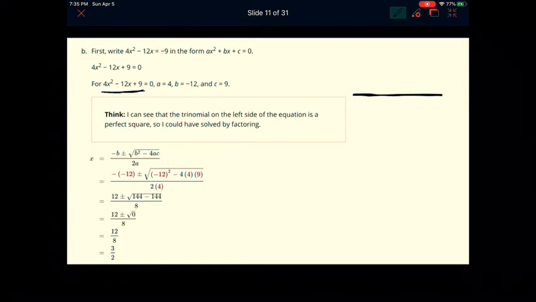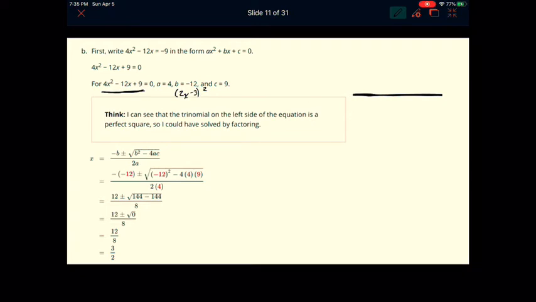So if we were factoring that, we know what we would end up with: 2x minus 3 squared. So we know we'd only have one answer for x that would be doubled, and that we could solve for that and get the same answer by factoring.